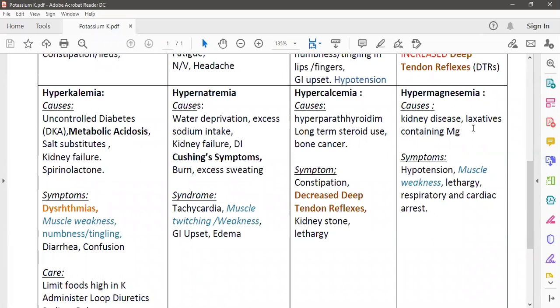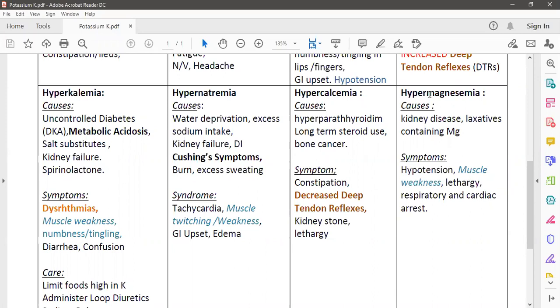If a patient has hypothyroidism, the patient can develop hypermagnesemia. If your patient has Addison disease, the patient has a chance of developing hypermagnesemia. Or simply, if your patient takes too much antacid, they have a chance of developing hypermagnesemia.